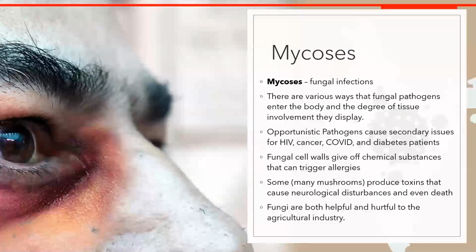Okay, so one such example of an opportunistic pathogen or a mycosis, a fungal infection, is going to be this black mold. Okay, so I have a picture here of it affecting the eye. This is one of the most normal, not scary pictures.